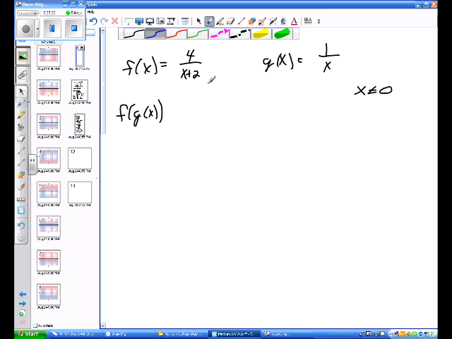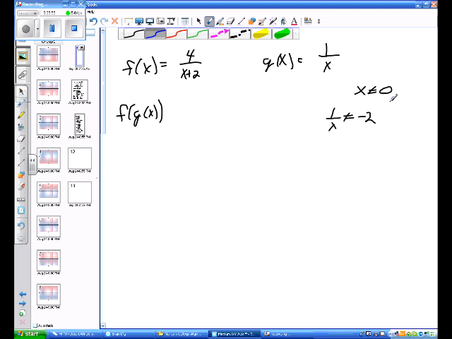And so first of all, we would have to see what would make this denominator 0. Well, if x equaled -2, this denominator would be 0, correct? And so when we look at that, then we're going to be plugging in 1 over x. So 1 over x cannot equal -2, because if it equaled -2, then our denominator on our f of x would be 0.